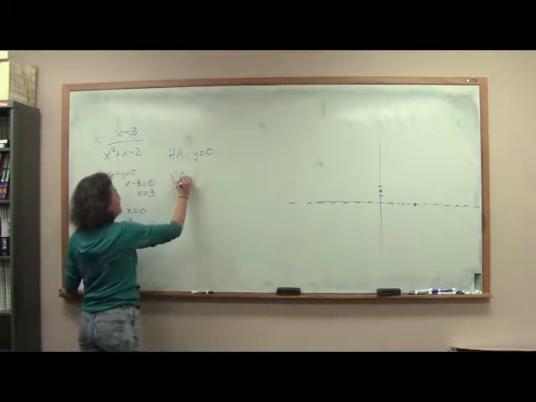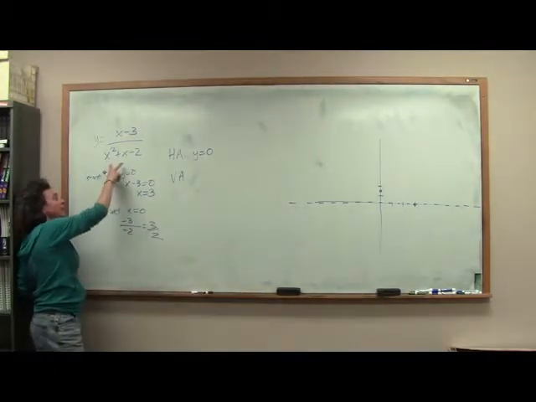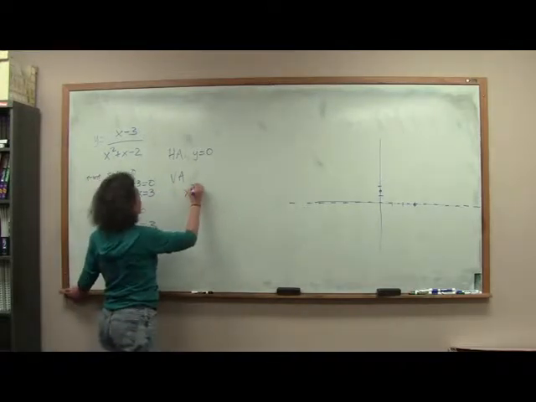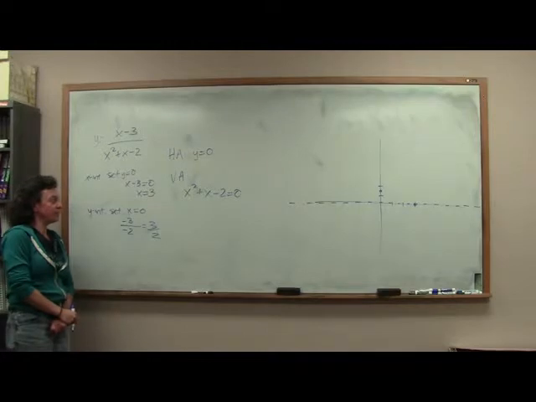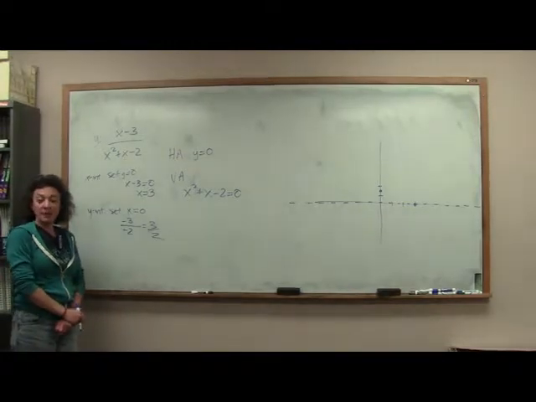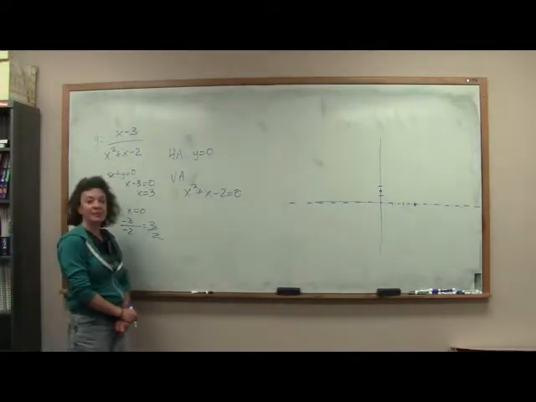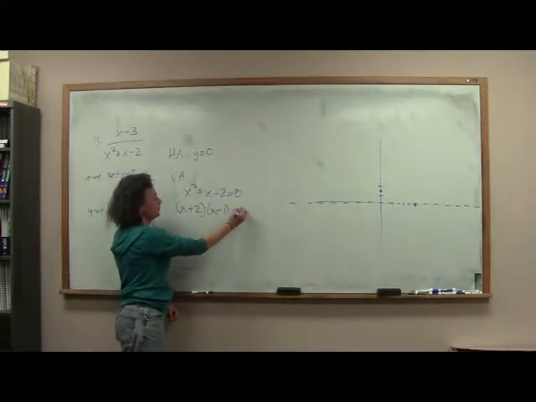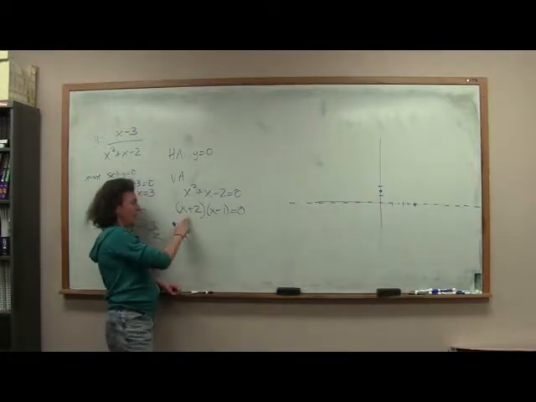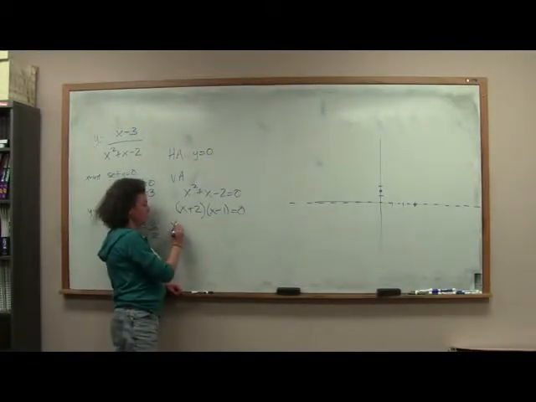Okay, vertical asymptote. Well, how do you find that? You set your denominator equal to 0 and solve. Well, what's the best way to solve a quadratic? Factor. Y'all agree it's x plus 2 times x minus 1? I have the product of two things equal to 0.